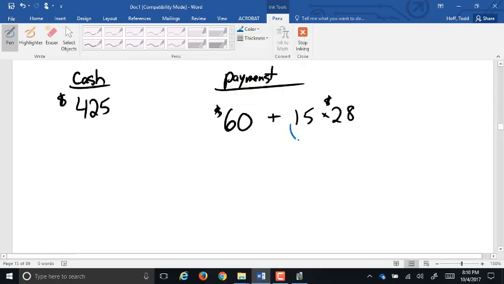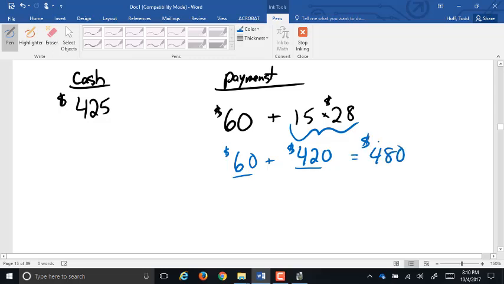So here we do the 15 times 28, which is $420. So that's the total amount of payments plus the $60 down payment. $480 total. So then it's asking what is the difference? How much more does it cost to make payments? So the difference between 480 and 425.